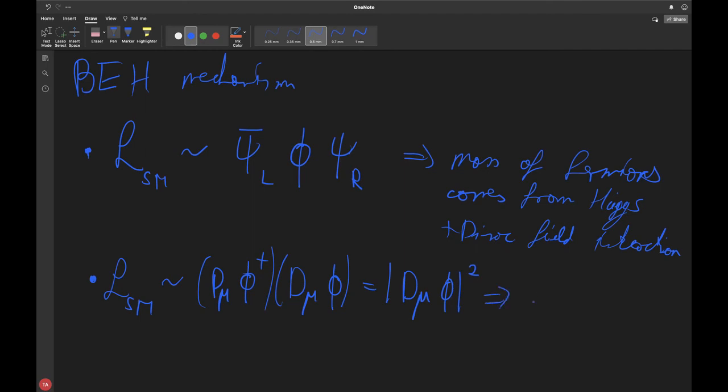This is the Higgs-Higgs interaction, and the mass of the Higgs itself.